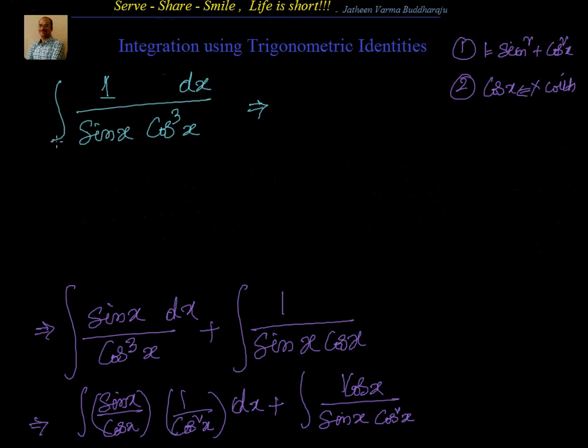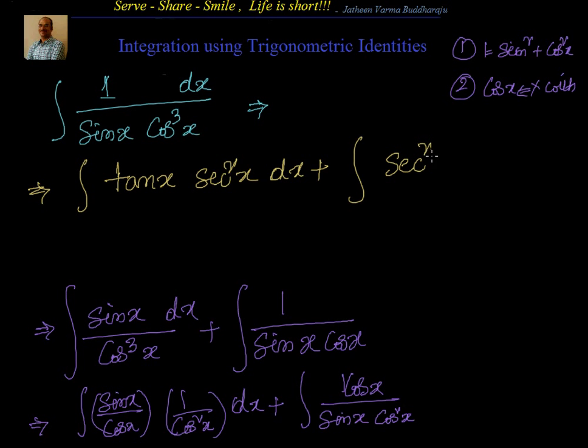Let's go to the next step. We will have integral of tan x secant square x dx plus integral of, now cos square x will go to the numerator, it will become secant square x, and in the denominator we have sin x by cos x, that is tan x.